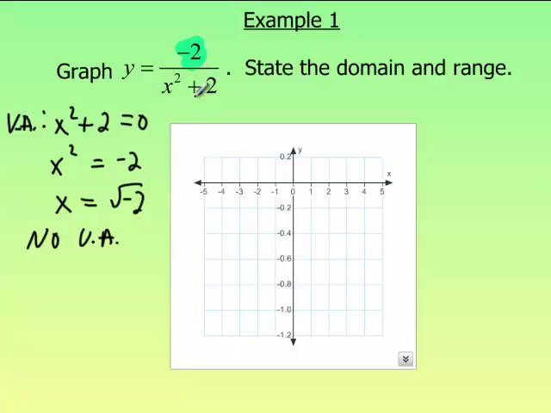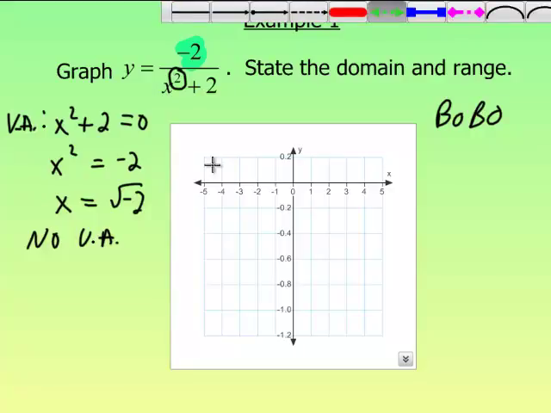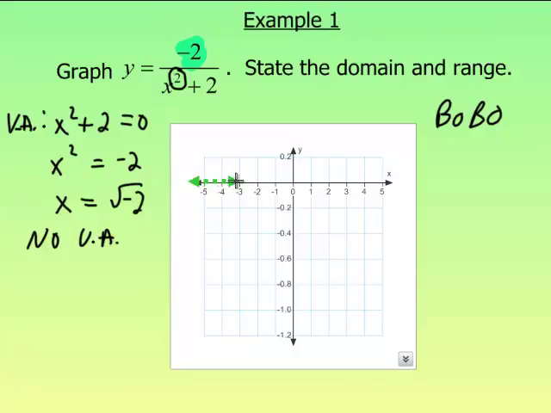So now let's look at those horizontal asymptotes. Now I notice that the exponent here is 2, and so it's bigger on bottom. So that's Bobo, bigger on bottom. So therefore we're going to have a single horizontal asymptote on the x-axis right there.